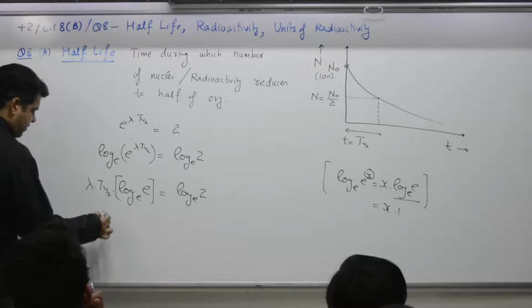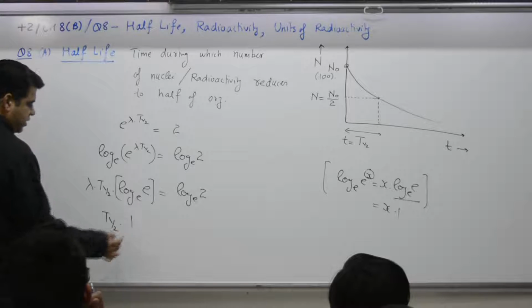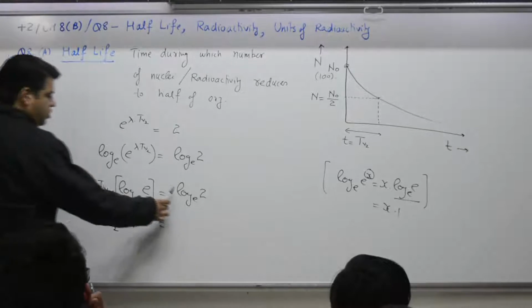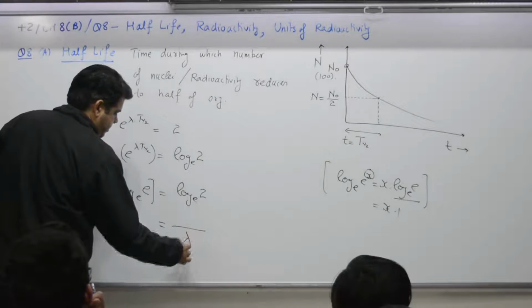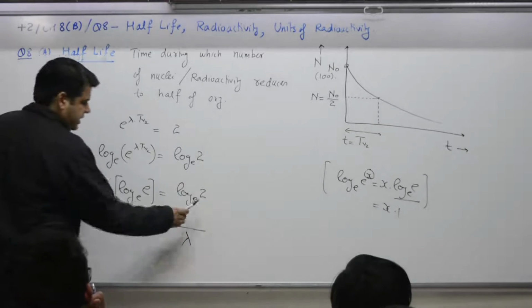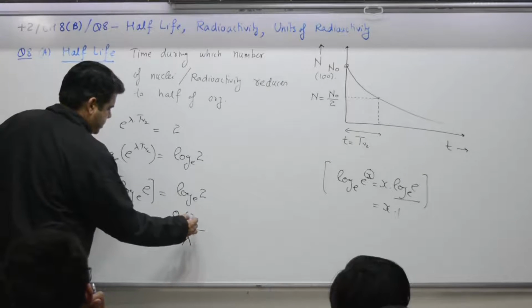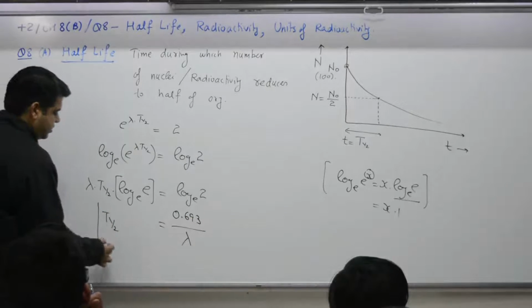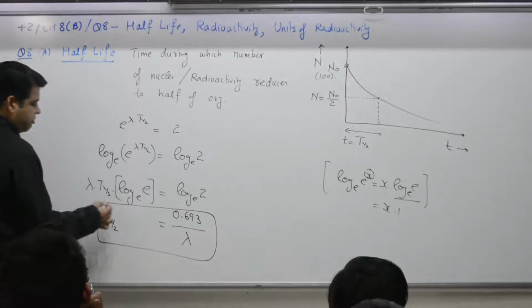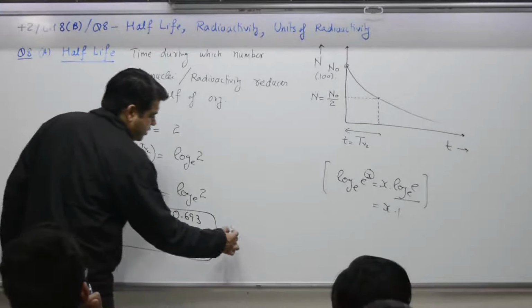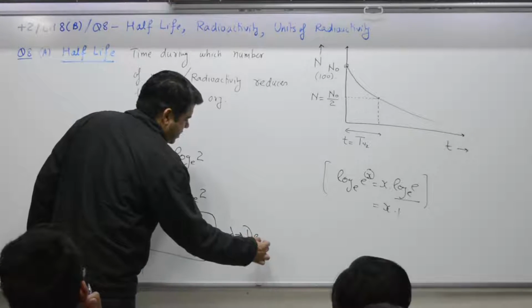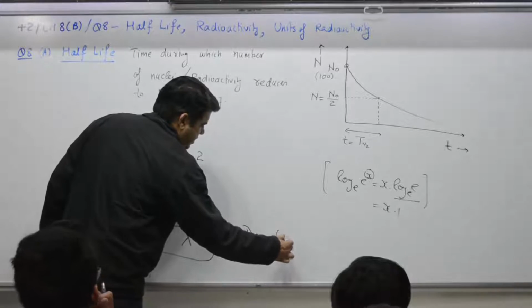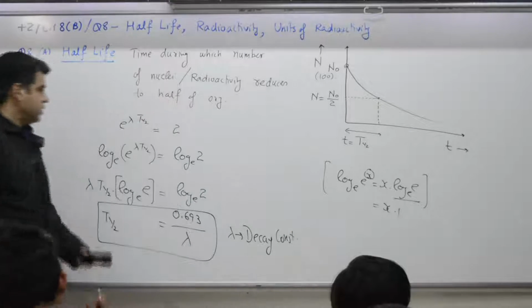So T half is equal to what? Yes, log of 2 by lambda. Log of 2 to the base e is 0.693. So half-life is equal to 0.693 divided by lambda, where lambda is the decay constant. Two minutes to complete.